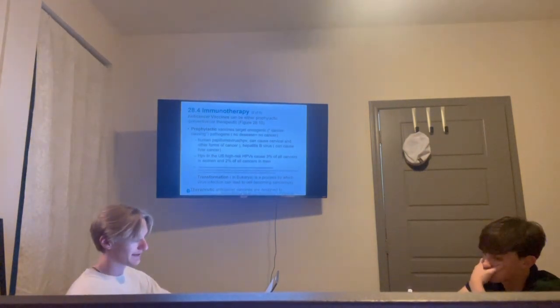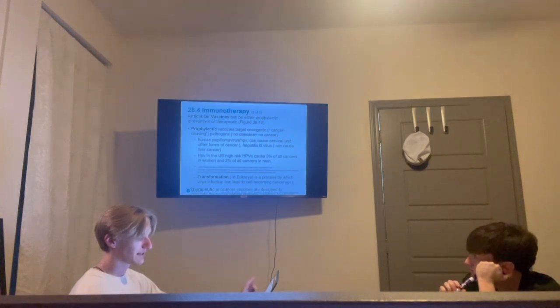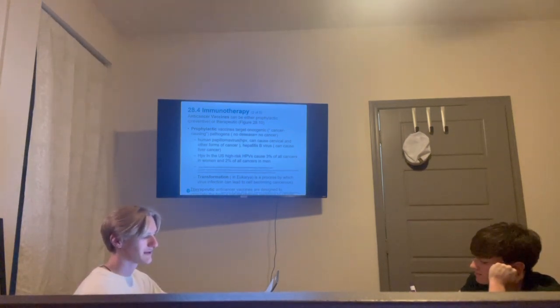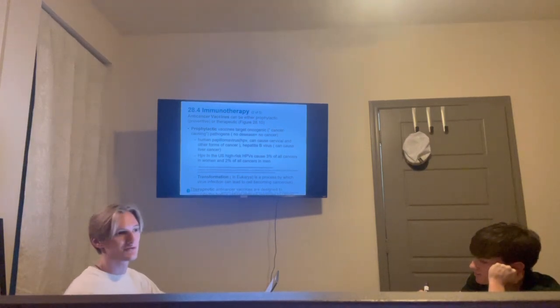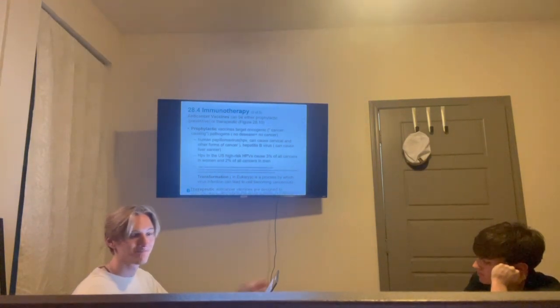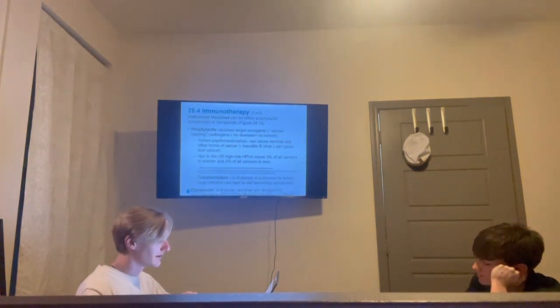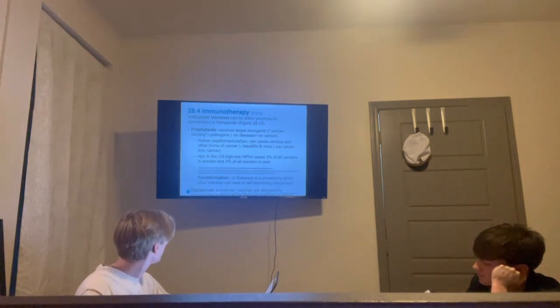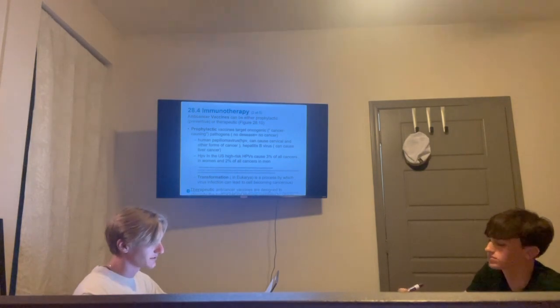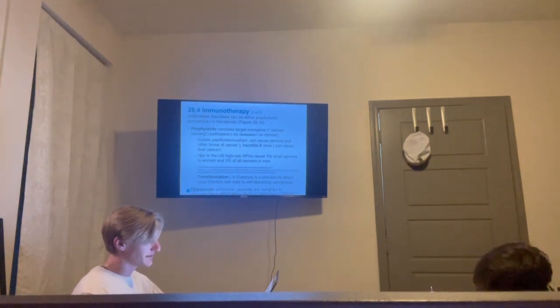Transformation in eukarya is a process by which virus infection can lead cells to becoming cancerous. This is how most cancer is induced, as the cell itself mutates and then begins to transform and grow rapidly. Down here, kind of cut off, we have therapeutic anti-cancer vaccines, which are designed to stimulate the body's natural immune response to cancer.